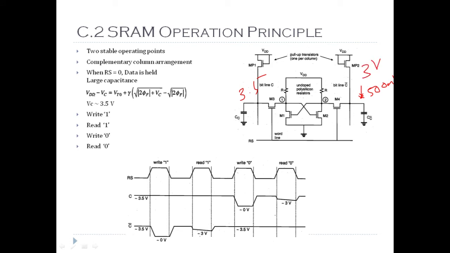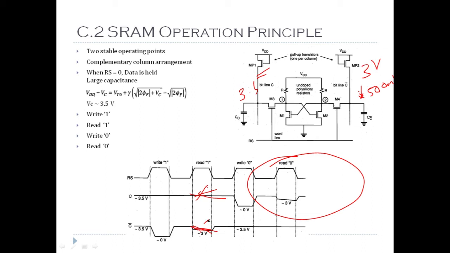So whenever we want to read 1, the voltage at VC bar drops, which is shown here. This column maintains the 3.5 value, but for this one the voltage drop is there. Now there is another circuit, which is a read circuitry. This circuitry always compares the voltage at these two columns, C and C bar.